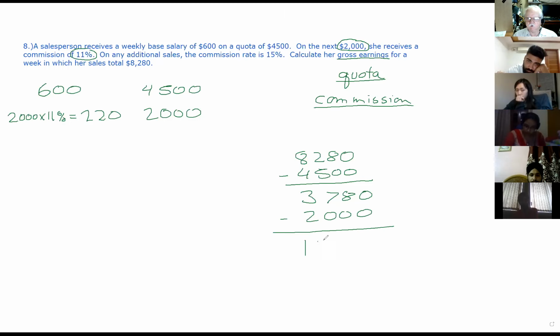So she's getting 1,780 at 15%. How much is that? 267. That's right, 267.